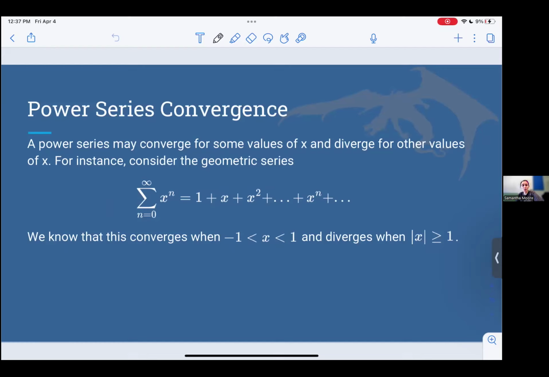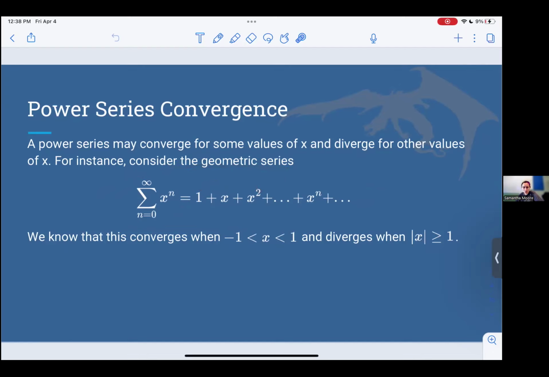Sometimes these power series are going to converge for certain x's and diverge for other values of x. For example, if we look at this series, this is centered at a equals 0, and all the c_n are just 1. This is a geometric series. If we think about it, every new term is just multiplied by x from the previous term.